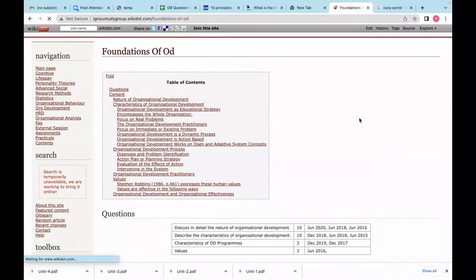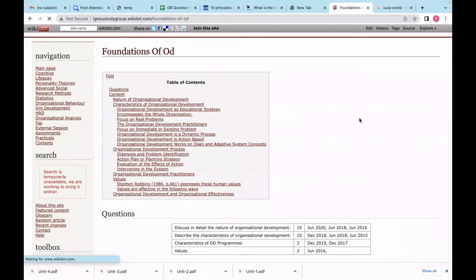So that is why we are talking about OD as a whole again in unit 2, right? This is going to be a kind of repetition of whatever we had in the first.